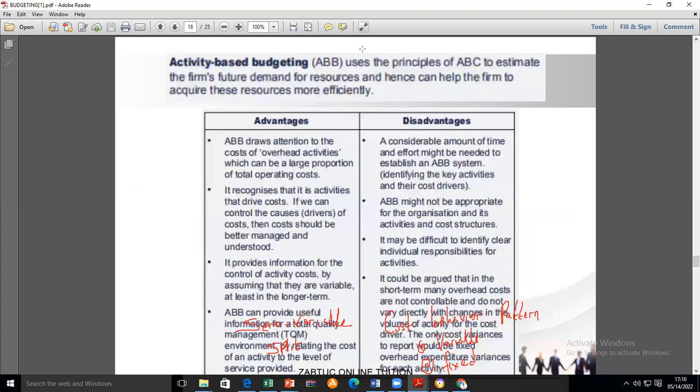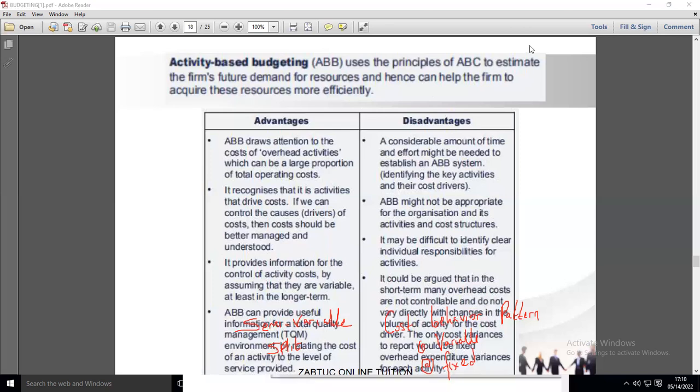We have looked at activity-based costing and activity-based management. Now we are coming to activity-based budgeting. I'm sure we have an idea of how activity-based costing looks.